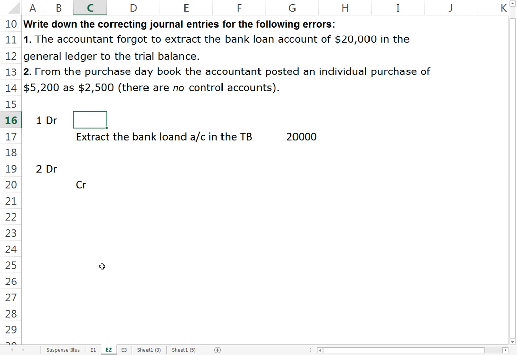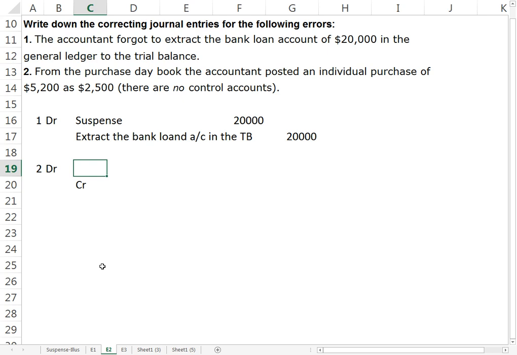But it will have an effect of crediting the trial balance with 20,000. So in that case, the opposite debits will go to the suspense accounts. Yeah, so that's a bit confusing, isn't it? Try to cope with that.